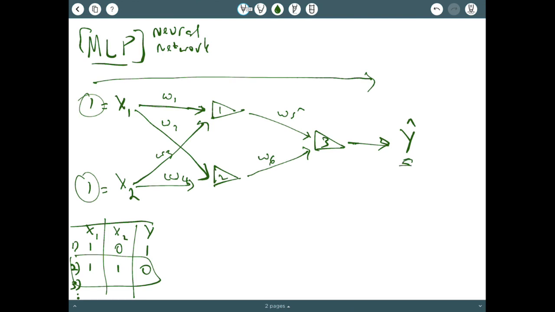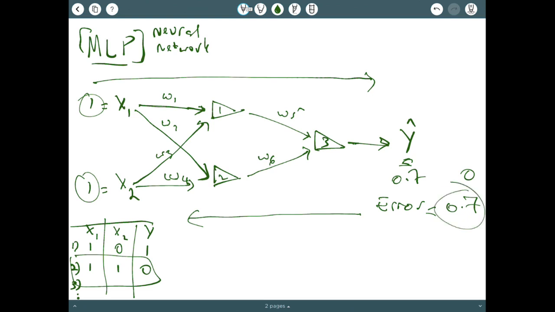Let's say the output produces 0.7, but we are really expecting 0, so the error is the difference, 0.7. Then the error propagates backwards through the network. This is also called a back propagation network. So the 0.7 is the error, and that goes back through.